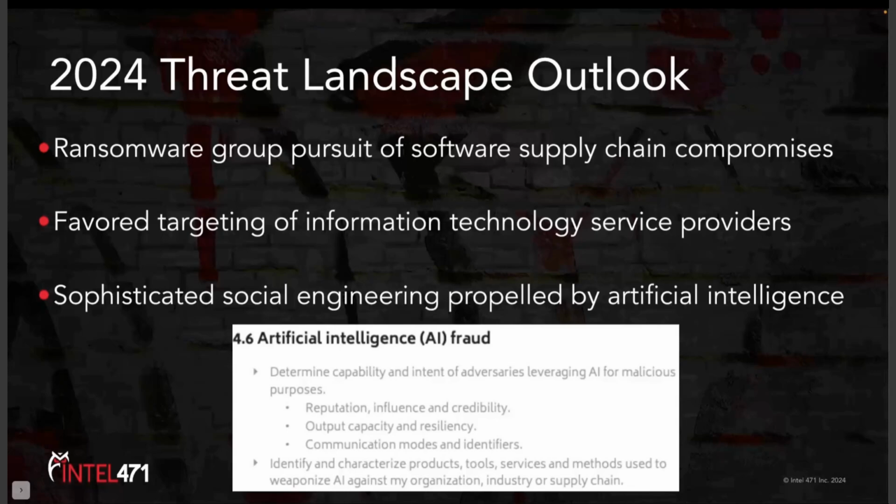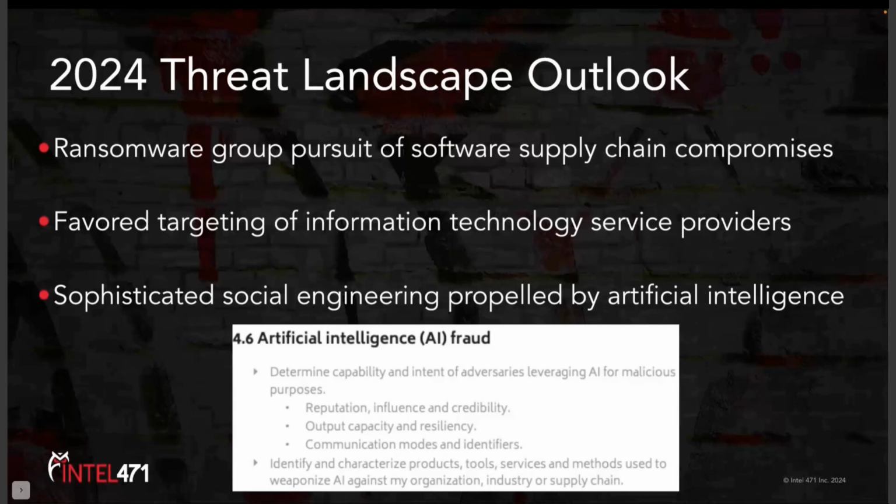And then, coupled with that, I think we need to keep in mind the role of social engineering and particularly how that could potentially be propelled by artificial intelligence. So this is a quick screen grab here, showing an example of a GIR we developed recently specifically around artificial intelligence fraud.